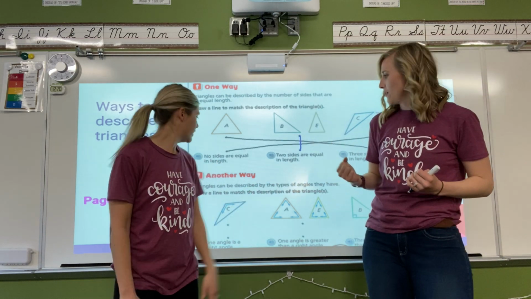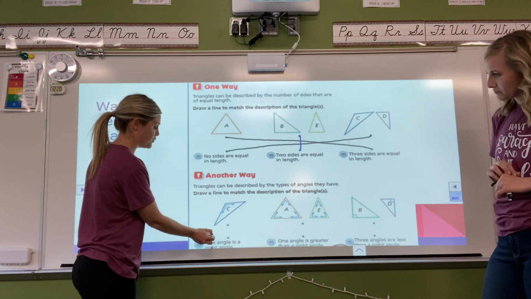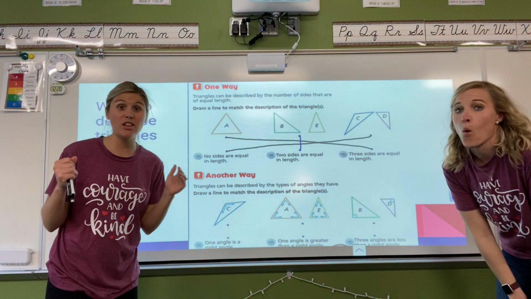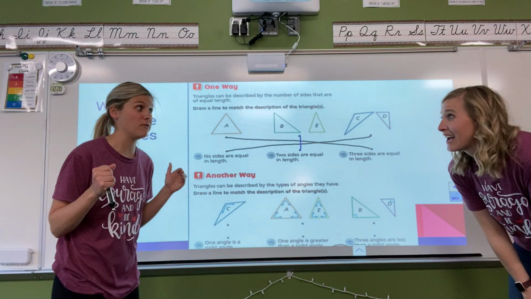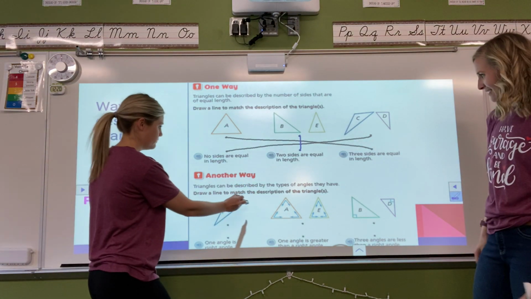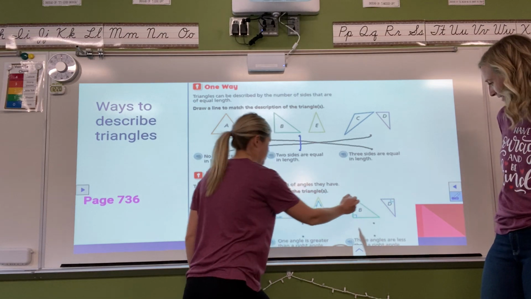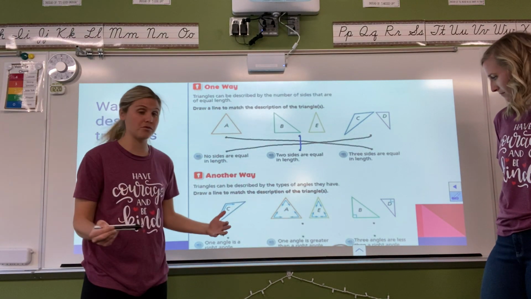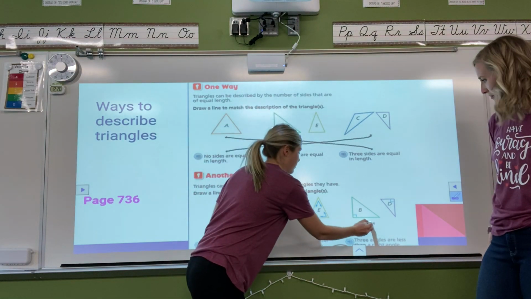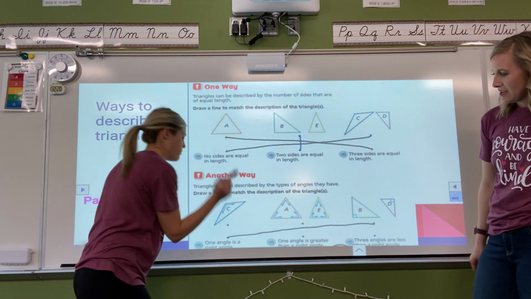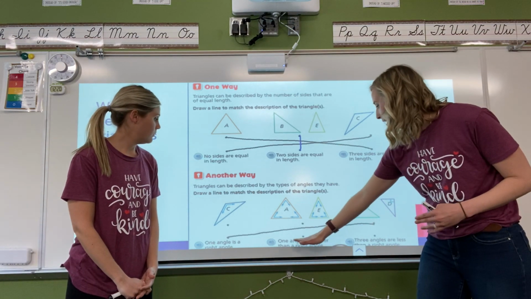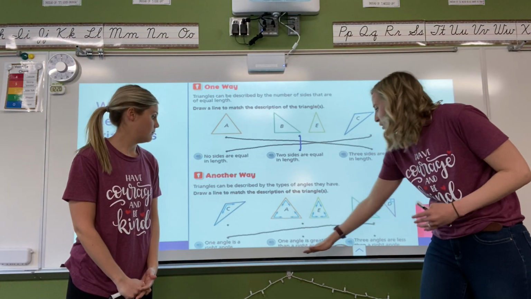Look at that. All right, so the first one says it has one angle that is a right angle. So remember, I can tell a right angle right away by looking for that square or the box. Yeah, so I see some right angles over here and it says one angle is a right angle. They each have one right angle. The next way to describe using angles, it says one angle is greater than a right angle.